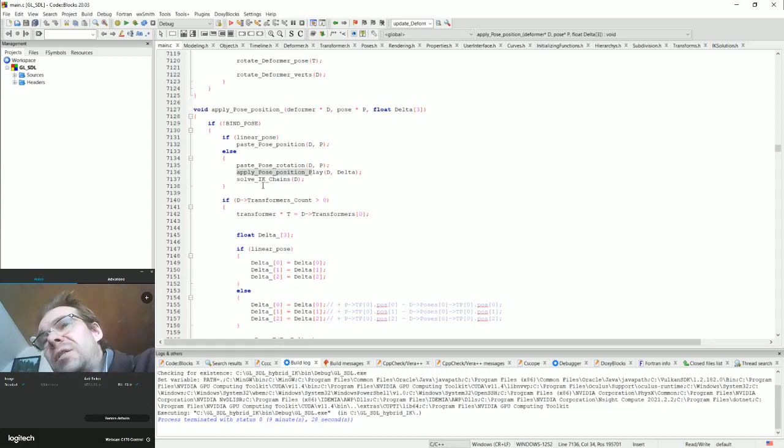It means that every second transformer is a lower level or further in the tree. So it ensures that its rotations are based on the pre-rotated parent's rotations. Maybe I can say it like that.